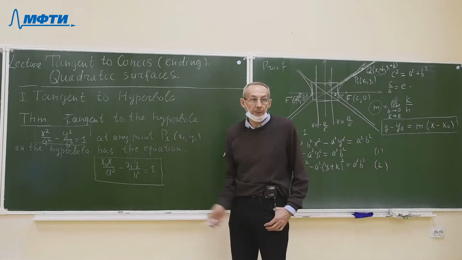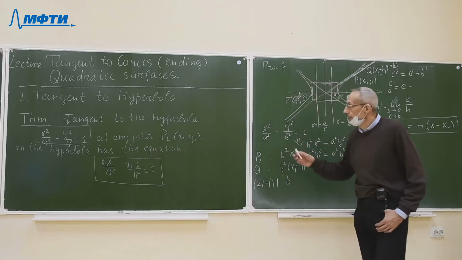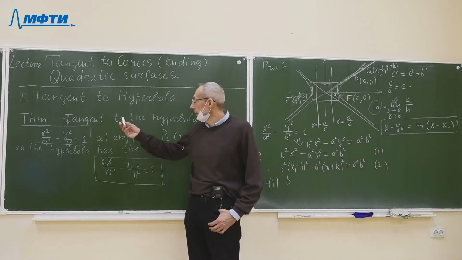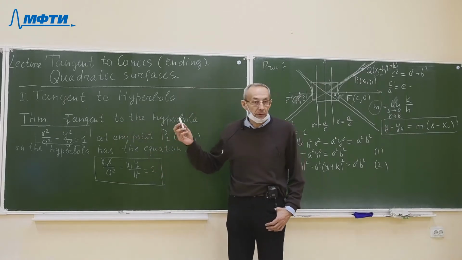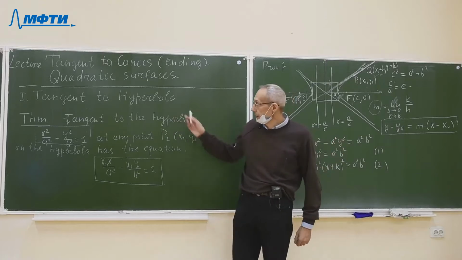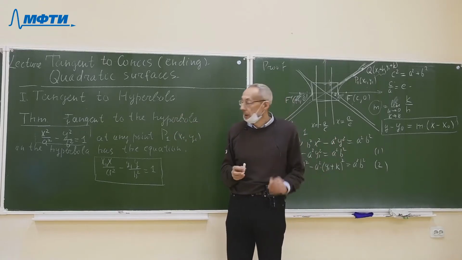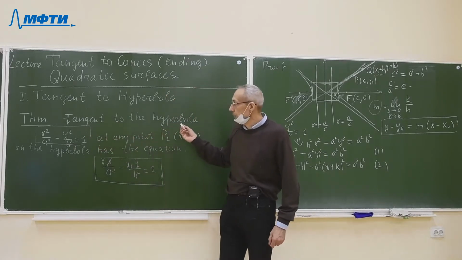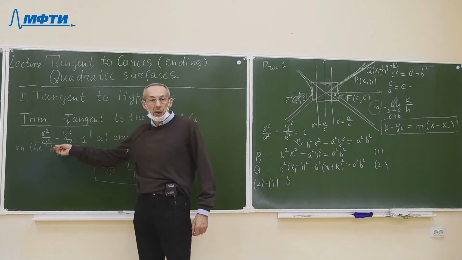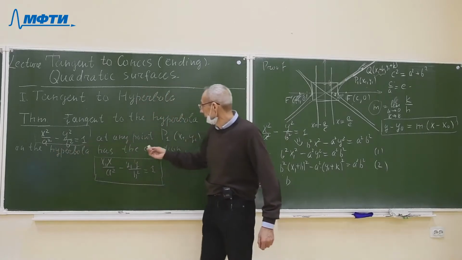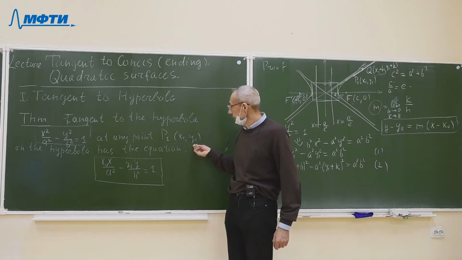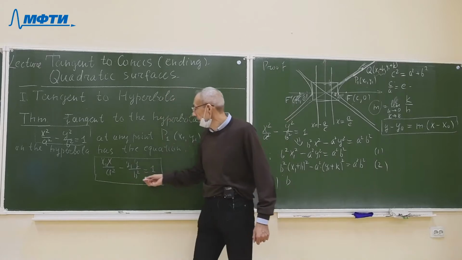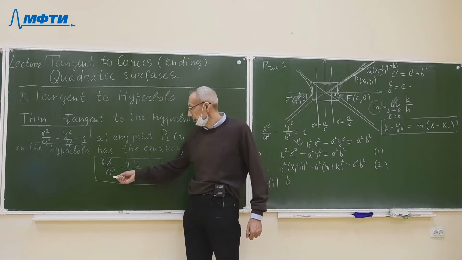I briefly repeat the previous reasoning. We consider the tangent to the hyperbola, the heading of the previous lecture. The main theorem, which I try to prove, is the following. The tangent to the hyperbola, which is defined by this canonical equation, at any point P1 with coordinates x1, y1, is defined by the following equation.